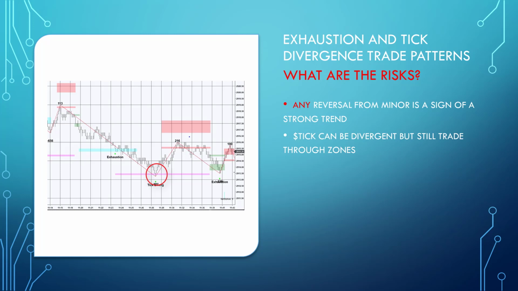The second thing can be that the $ tick can remain divergent and still trade through an exhaustion zone. Just because the $ tick is still divergent doesn't give you an automatic license to take a trade and guarantee that it's going to work.